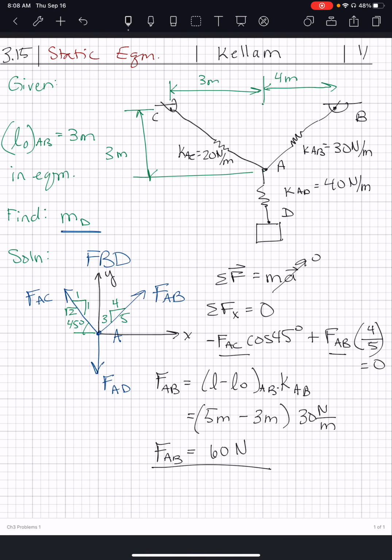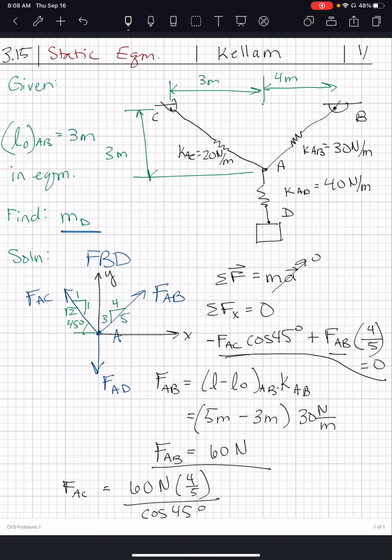Now that we know that, we can go back up to this equation and find FAC. FAC is going to equal FAB, which is 60 newtons, times 4 over 5, divided by the cosine of 45 degrees.